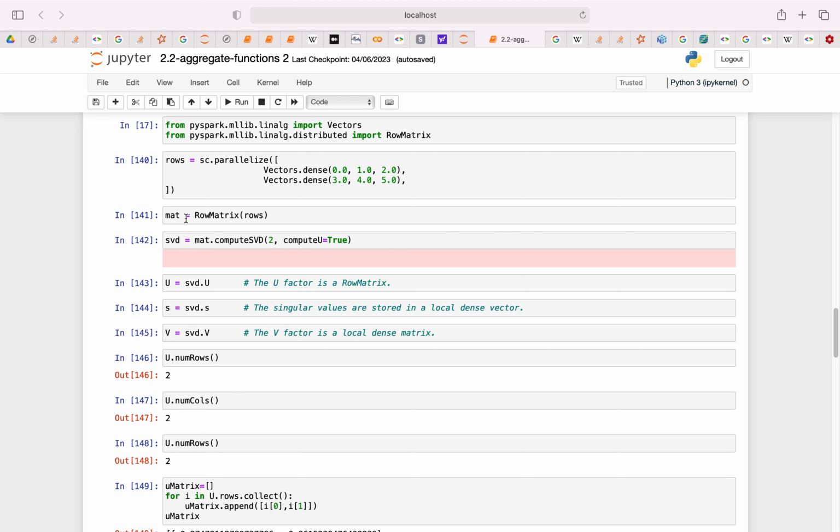After you construct the matrix in Spark, the matrix object has computeSVD. You can assign the result of computeSVD to svd, and with svd.U you get the user factor matrix in our case, and with V the item factor matrix, along with the sigma, which is a diagonal matrix.